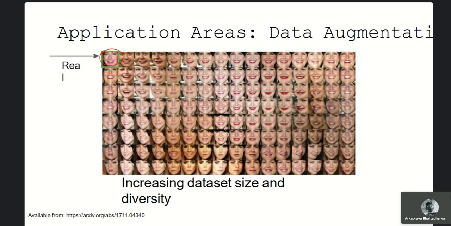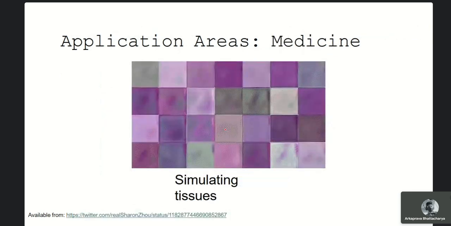So GANs have also been used in medical related areas, such as this example of simulating tissues from a state of the art GAN. So here you can see this GAN has generated patches of tissues, and even a board certified pathologist cannot distinguish between the simulated GAN generated tissues and the real ones.